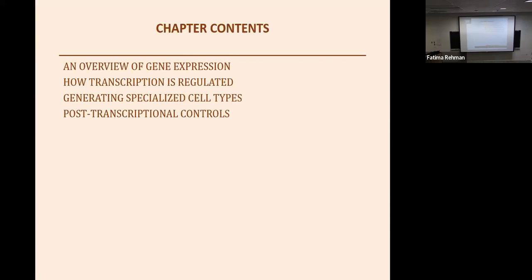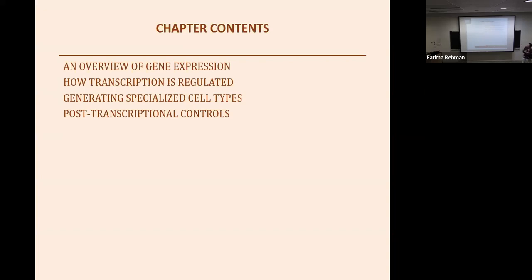So what are we going to talk about today? We're going to overview what we already talked about with gene expression and how it happens. And then we're going to talk about several ways that it is controlled, both before it ever gets started, so transcriptional regulation, and then regulation at the level of translation and post-translation.